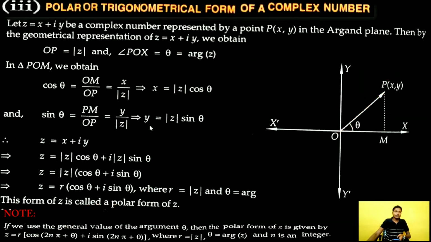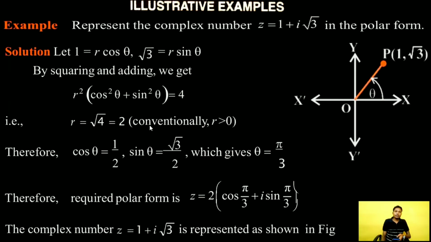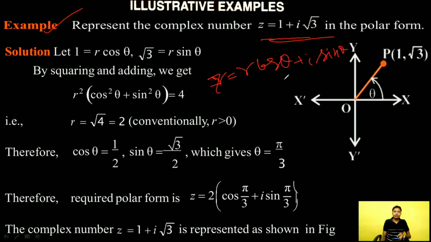Example number 1: represent this complex number in polar form. We know z is equal to r cos theta plus i sin theta. We have to find theta and r. We know r is equal to root over x square plus y square. Here 1 is x and root 3 is y, so we can find r.